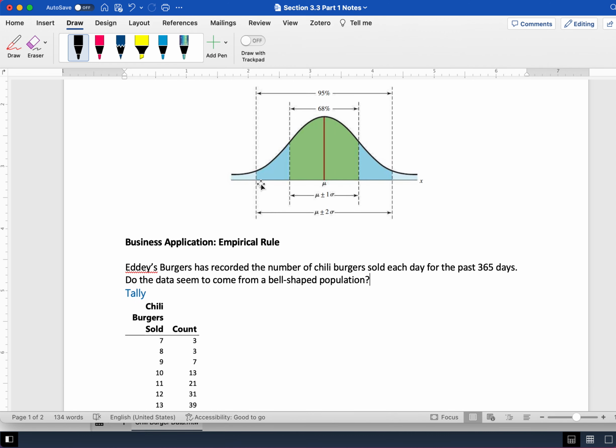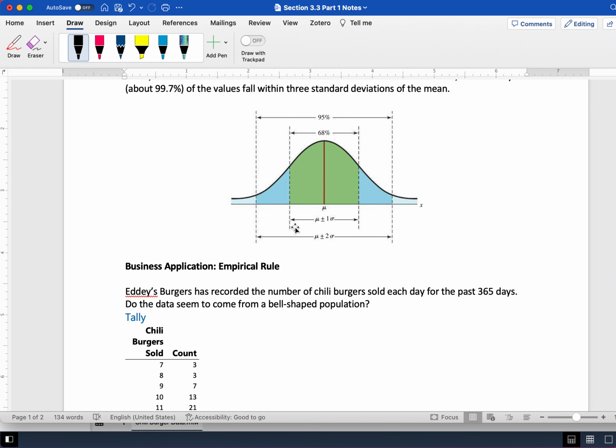So what I need to do is figure out where these dotted lines are, and then I'm going to figure out using the tally chart if 68% fall within these dotted lines. Then I repeat the process for the 95% and 100%.